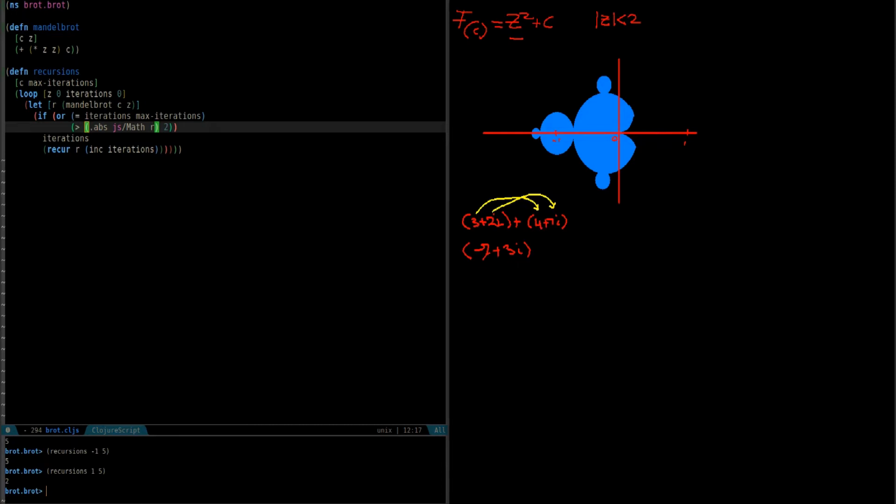We want to make a Clojure function of that, so let's replace all of this with variables. Let's say that the first number's real part is xa and its imaginary part is ya i, plus xb plus yb i.